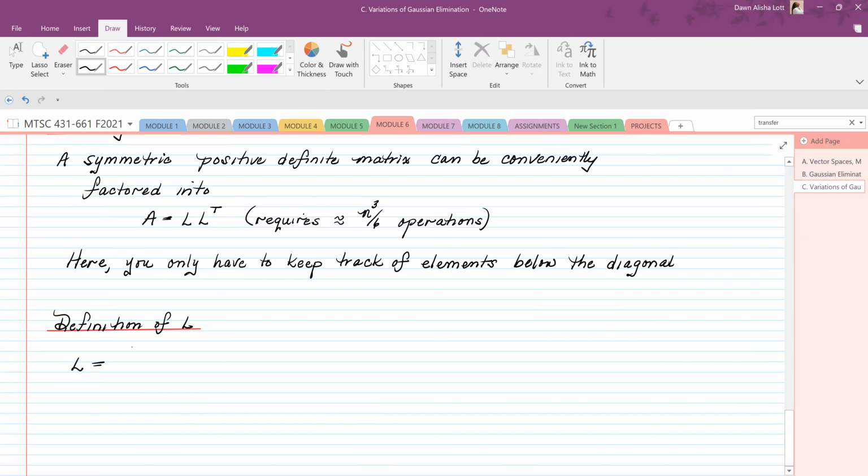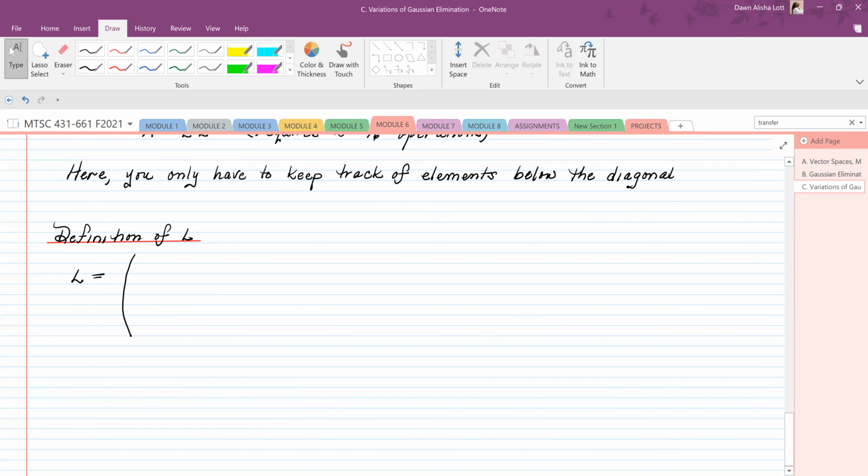All right, so L is a lower triangular matrix. We're going to do this for a 3 by 3, and then you can figure out the pattern for anything else. It's going to be L11, 0, 0, L21, L22, 0, L31, L32, L33.